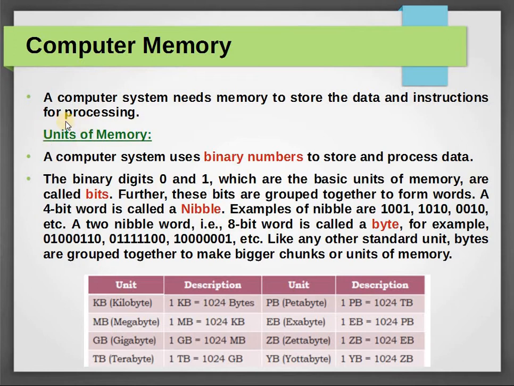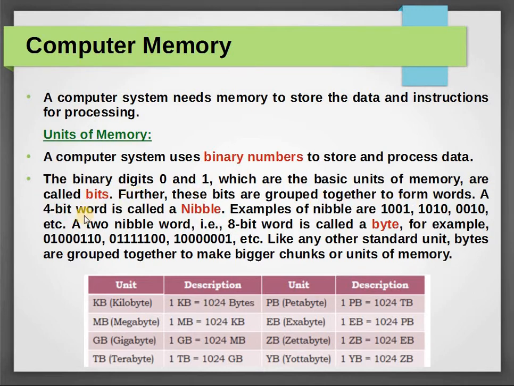Then we will talk about units of computer memory. A computer system uses binary numbers to store and process the data. The binary digits are 0 and 1, which are the basic units of memory, and that is called a bit. Further, these bits are grouped together to form words.